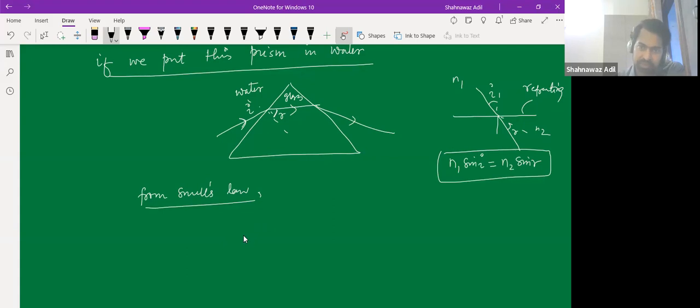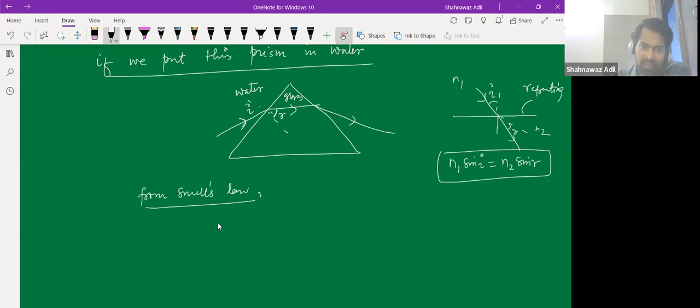So from water to glass, first we write the refractive index of the first medium, wherever we are. We're in water, and then we go to glass.